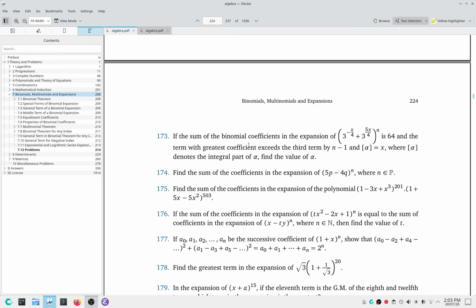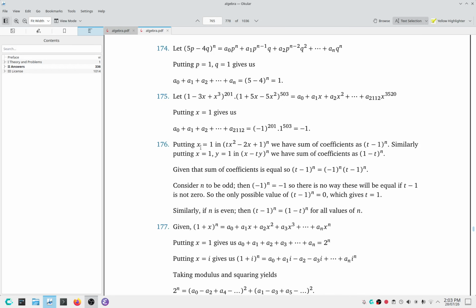Question 175 says that find the sum of coefficients in the expansion of the polynomial (1 minus 3x plus x cubed) to the power 201 times (1 plus 5x minus 5x squared) whole to the power 503. So we put x is equal to 1. Sorry, this is 175.